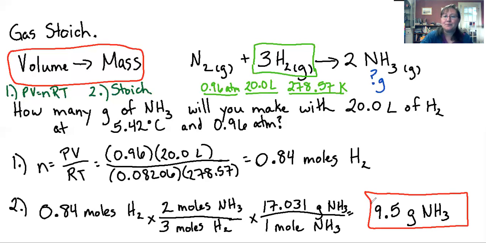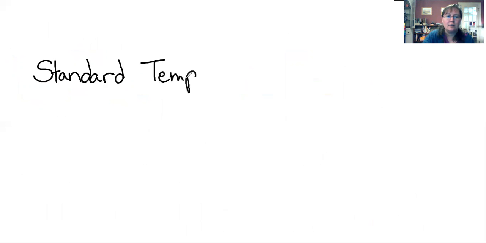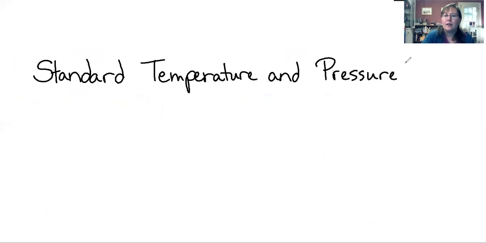And that is how we would do gas stoichiometry where we start with a volume and look for a mass. Now let's take a look at a special case, and that is when we are at standard temperature and pressure. This is also known as STP.